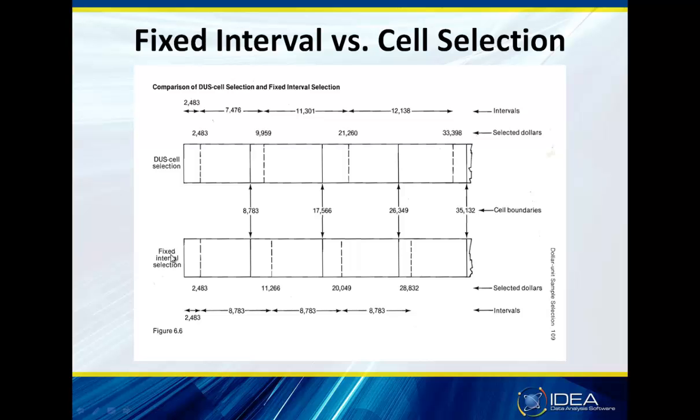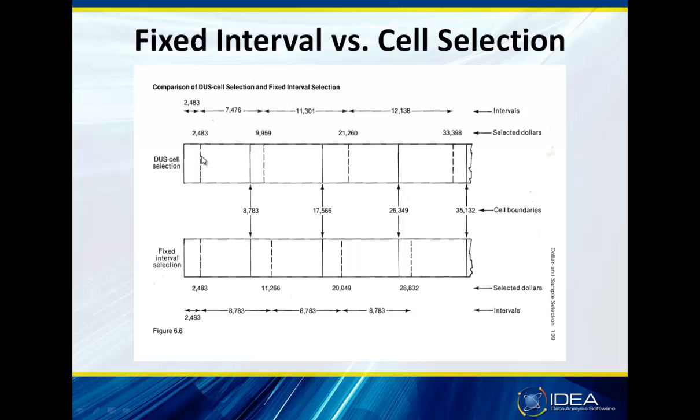The reason for this is that with cell selection you might pick a dollar very close to the right side of one cell, and then pick one very close to the left side of the next cell. Sometimes that will result in you picking the dollars for the same invoice, and then that means you would have the invoice duplicated. So with fixed interval selection, we can make sure that doesn't happen.